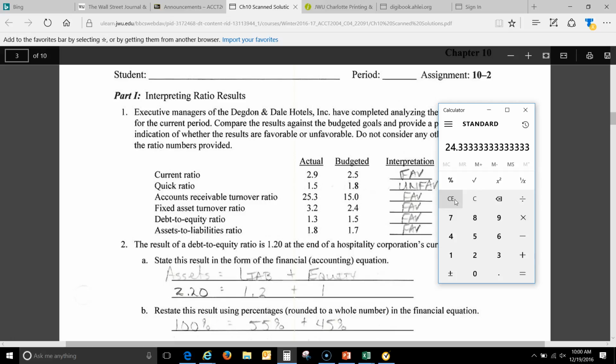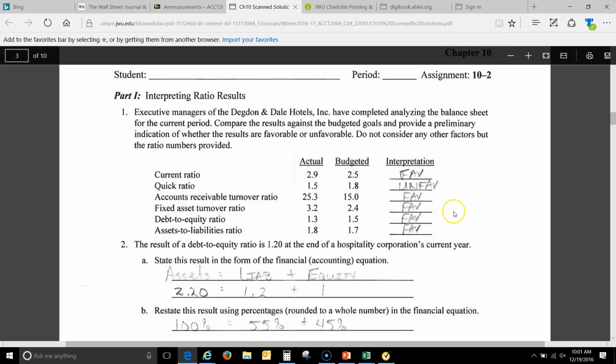So if we've got a budgeted accounts receivable turnover ratio of 15, that means we were expecting a collection every 24 days. But we came in at 25.3, which means we collected every 14 days. So somehow we got everybody to pay 10 days earlier than what we had anticipated. That's good. That means cash flow.